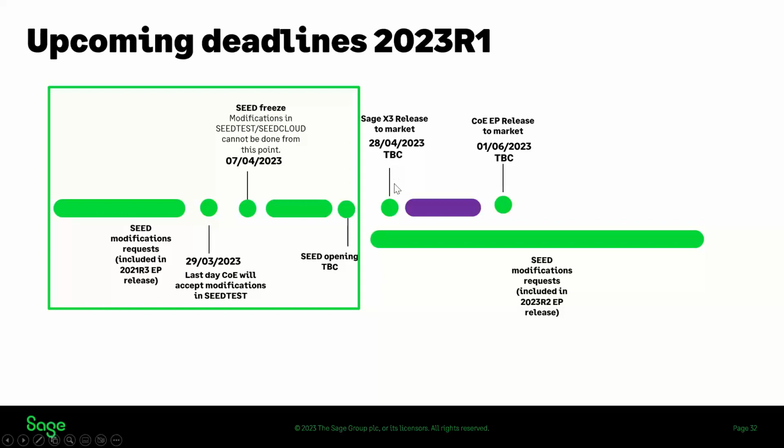And then from there, normally, and that's what we are improving, we want, within 1 month, to be able to release our CCOE EP release to environment and do the release to market of our machine. From there, we are already working on the modifications that we want to include in R2, of course. This is just a targeted date, but I hope I will be able to present the new EP around this date.